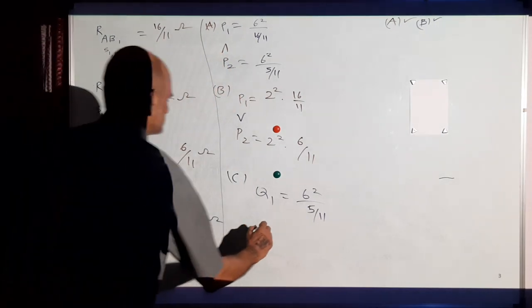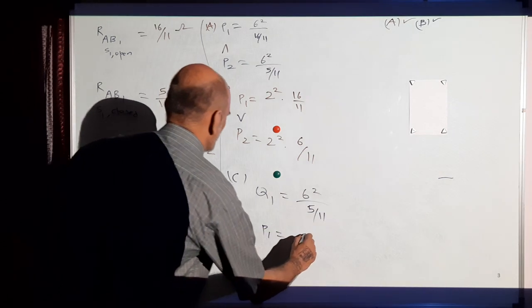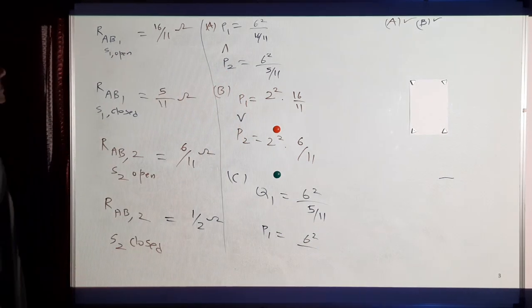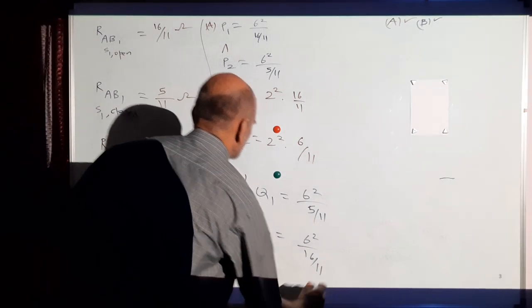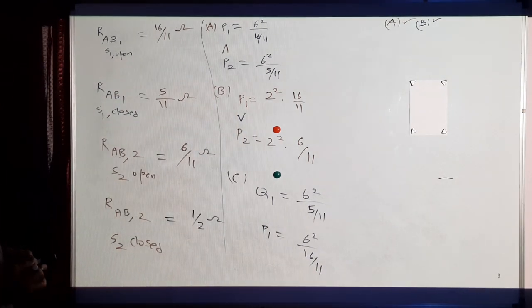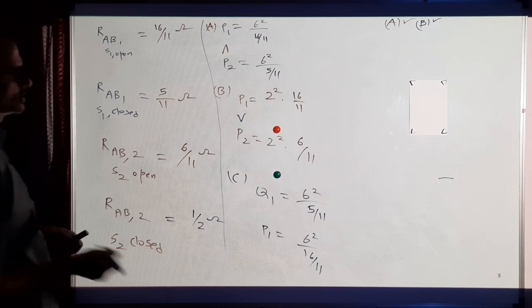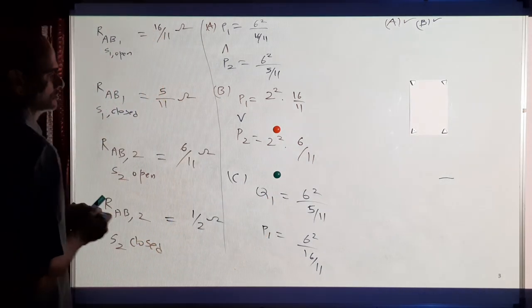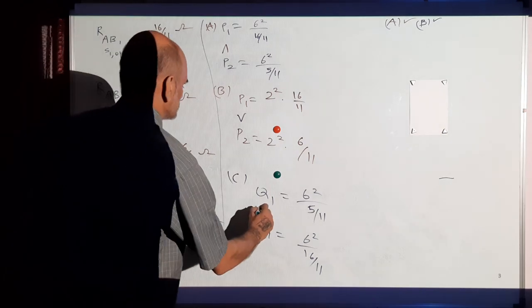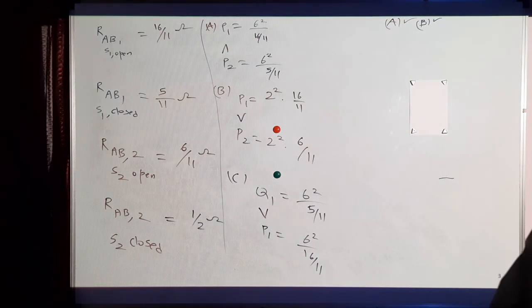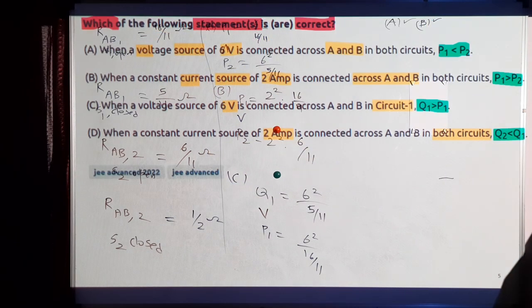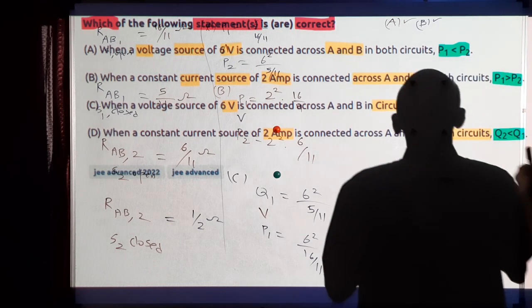And then P1, with the same 6 volt source and the switch open, is 16 by 11. So obviously Q1 is more because the denominator is less. Statement C says Q1 is more than P1, which is true. So C is also true.